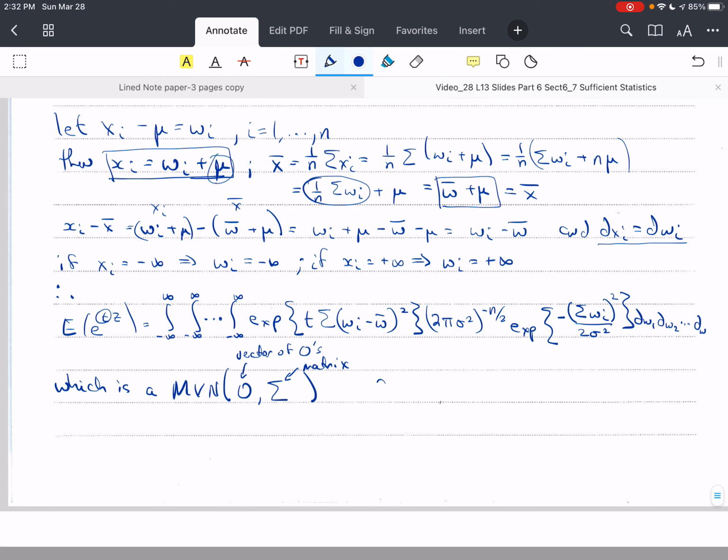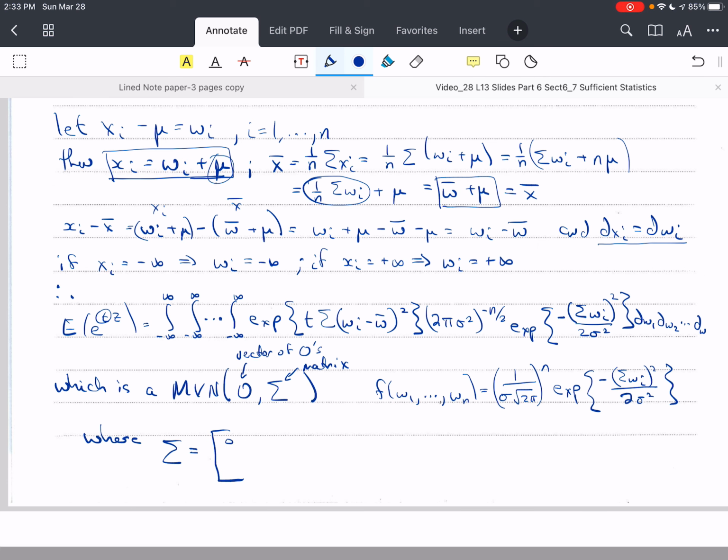So we have f of w1 up to wn equal to 1 over sigma square root 2 pi to the n, exp to the negative sum of wi quantity squared over 2 sigma squared, where sigma is equal to this matrix where I have sigma squared on the diagonal and zeros everywhere else.